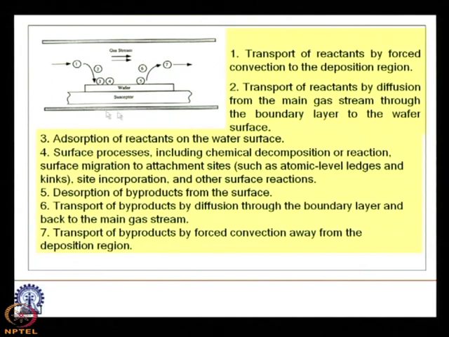So, this is the inside view and different processes related to the chemical vapor deposition of any material. Only thing is that your gas will be different, your reactants will be different, your byproducts will be different, but the process is the same and the main process is process 4, that means the surface process, which actually will make the film and will give you the shape of a film.